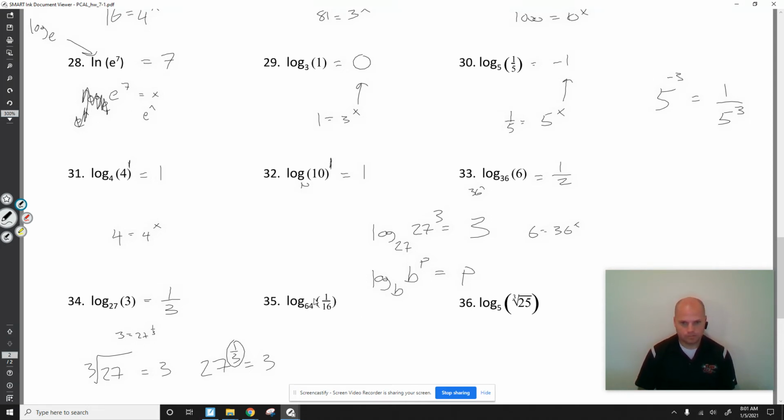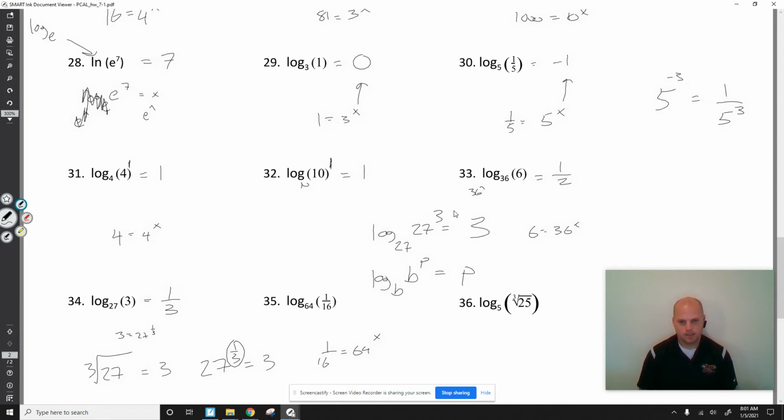This is a good one. This ends up being 64 to what power is 1 over 16? So this is a fraction. We got to think about things like, if you take the square root of 64, it's 8.